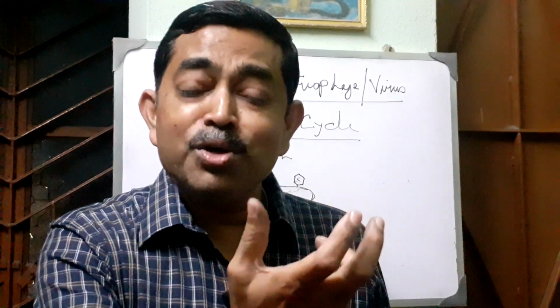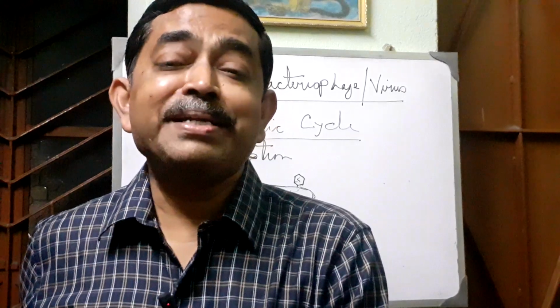Also the enzyme lysozyme, the endolysin enzyme, will be produced, which will break the cell wall of the bacteria and release the new mature bacteriophage particle, also called the virion, from this bacterial cell.